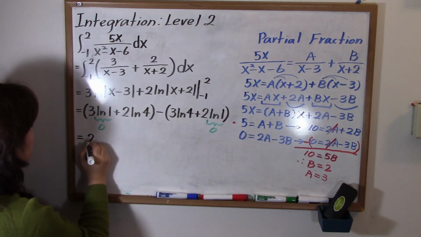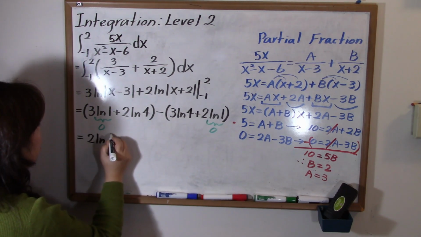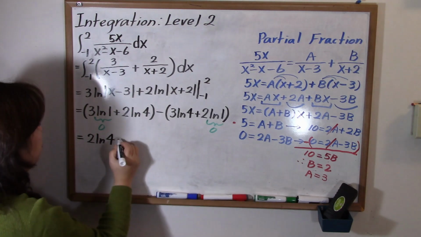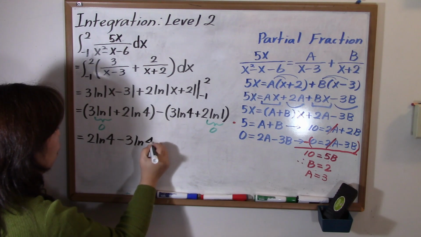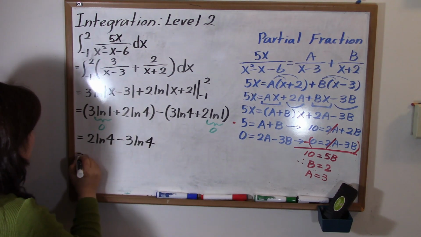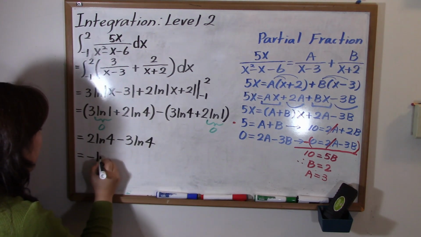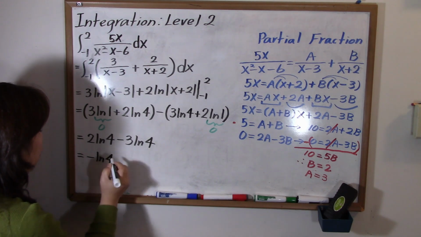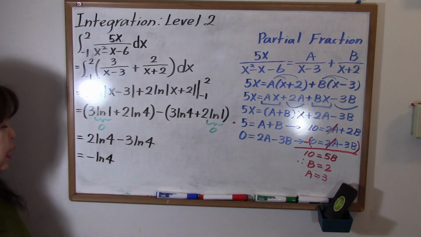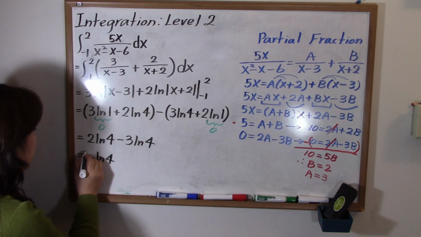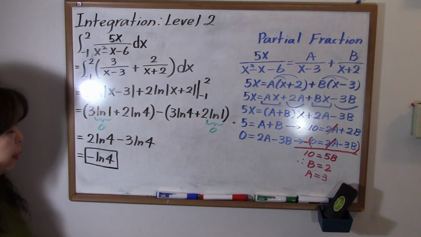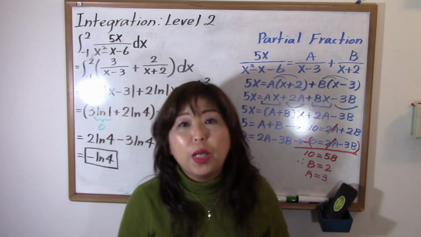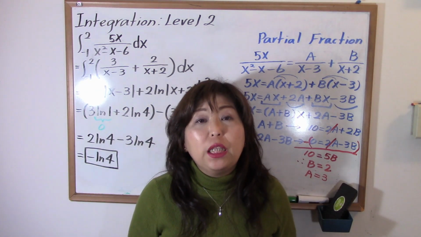So 2 ln 4 minus 3 ln 4, which is negative ln 4. So this is it. This is the answer. Negative ln 4.